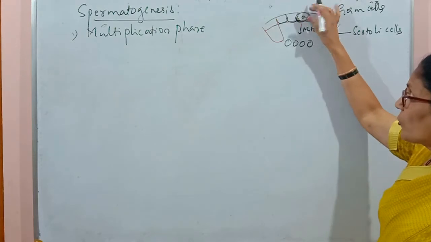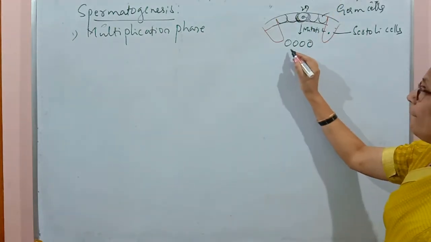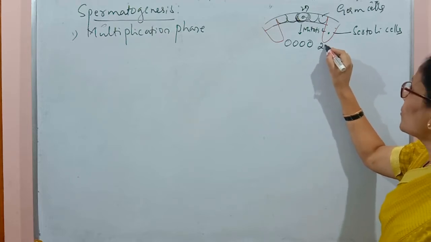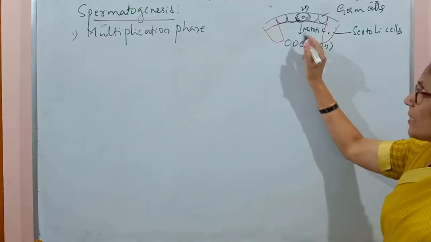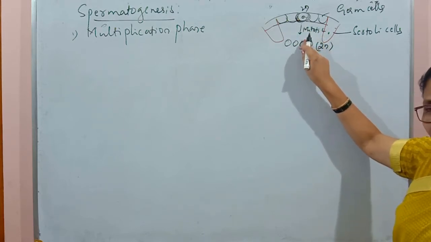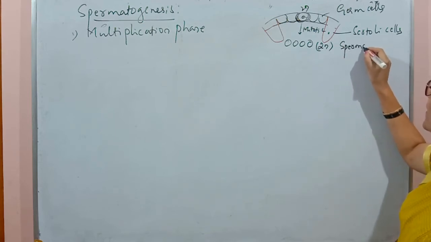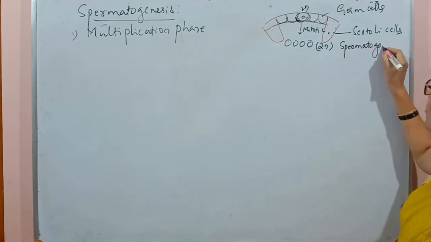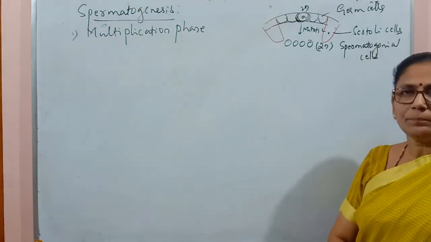The germ cell is also diploid, and the mitotic division produces many cells which are also diploid. These diploid daughter cells are called the spermatogonial cells.